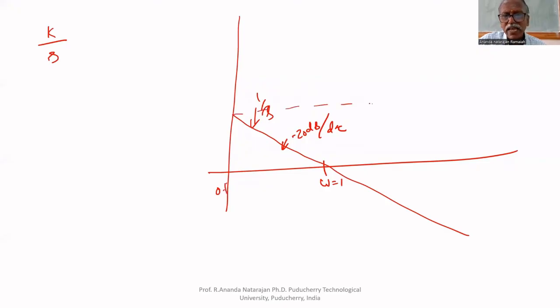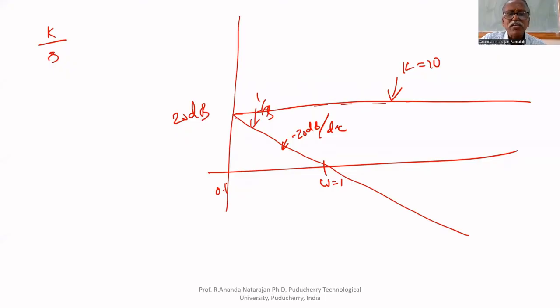That's why for k equal to 10 you will get a line here, that is 20 dB. If you combine these two, what will happen? If you add 20 dB at every point, this will shift up like this.